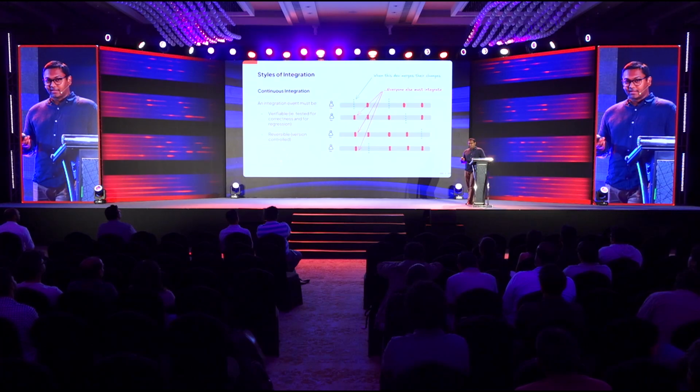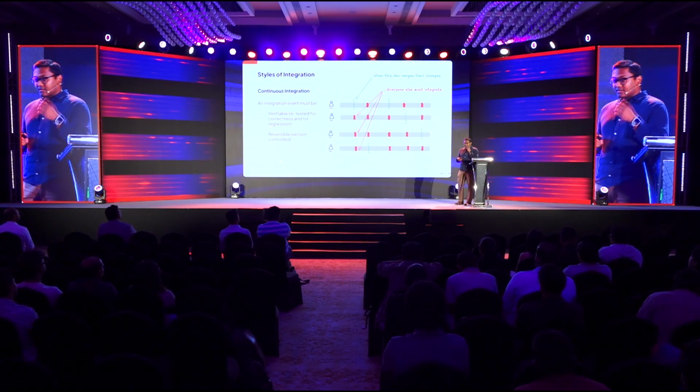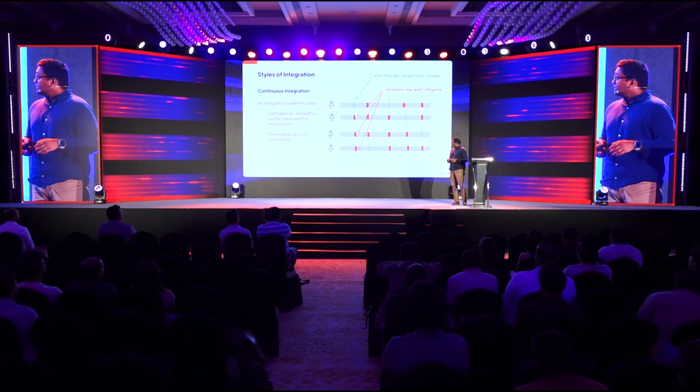You might have noticed this if you work on a feature branch for too long and you try to come back and integrate it, things break. So the same principle applies. The whole idea around continuous integration is to make sure that we have a shared mainline and we keep merging into that mainline and pulling from it as we go on, right?